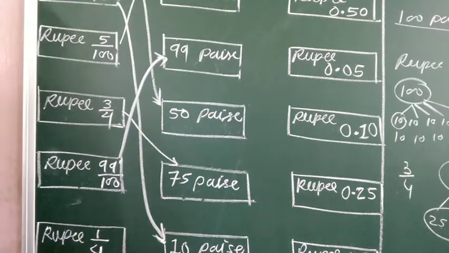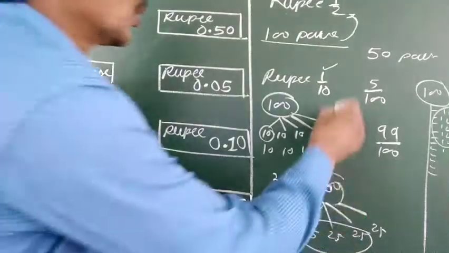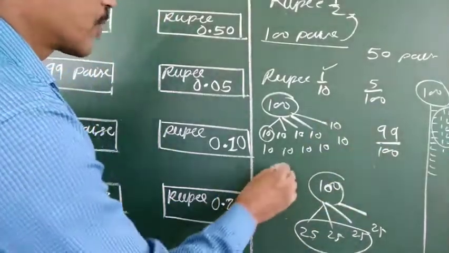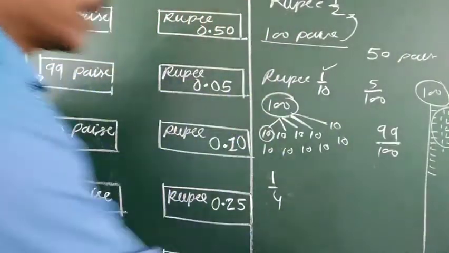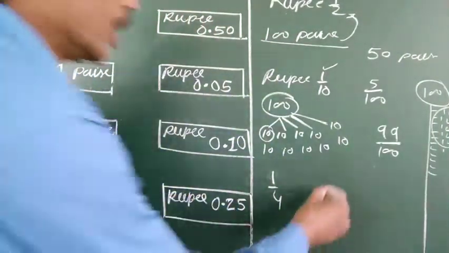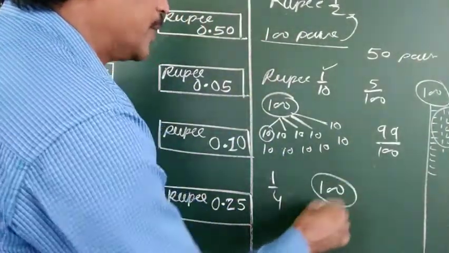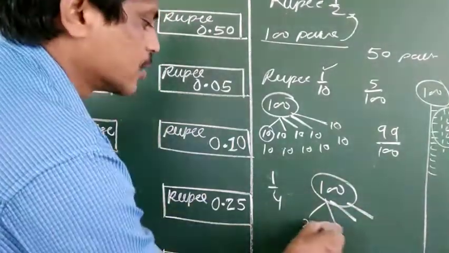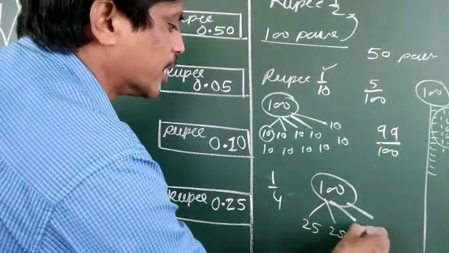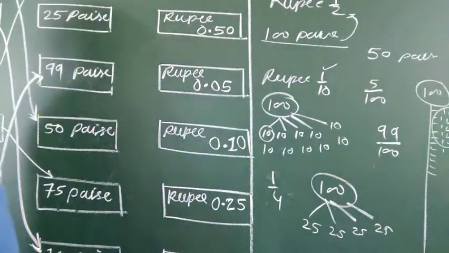Next one. Now it is 1 by 4. Rupee 1 by 4. So see, rupee 1 by 4 like this. Now again here there are 100 paise in a rupee. So you have to make 4 parts of this 100. So each part will be like this, 25, 25 and 25. Now what do we have to take?